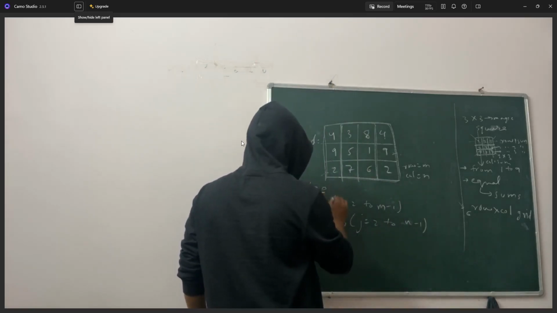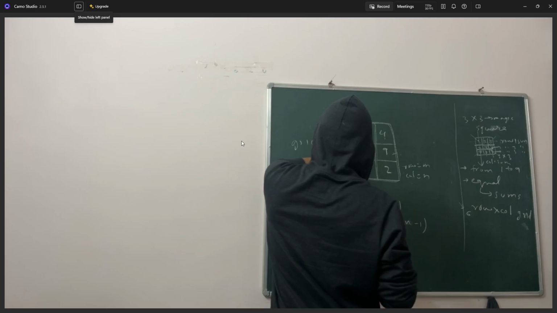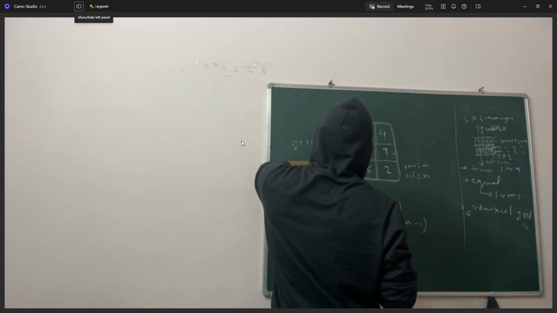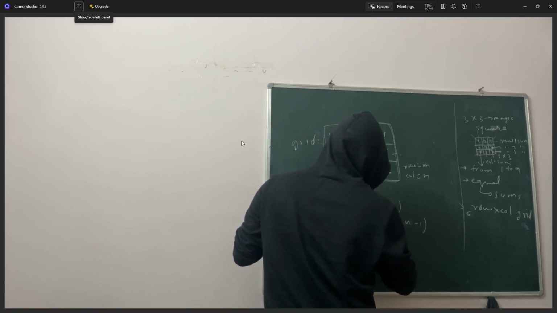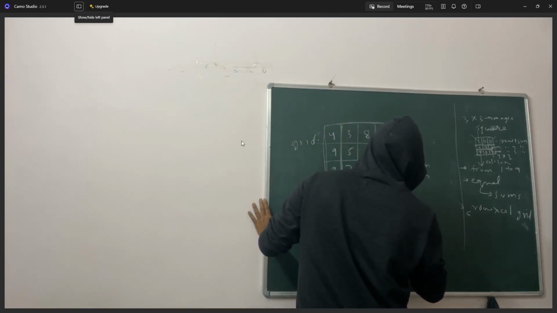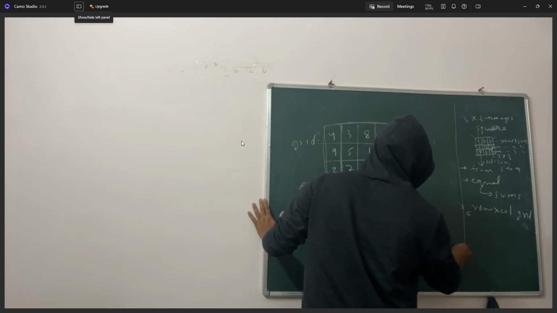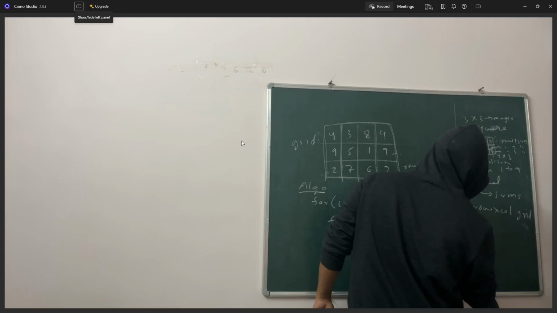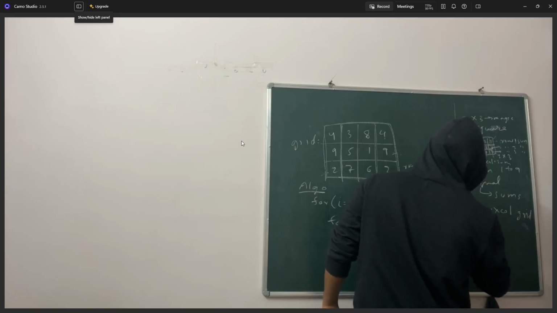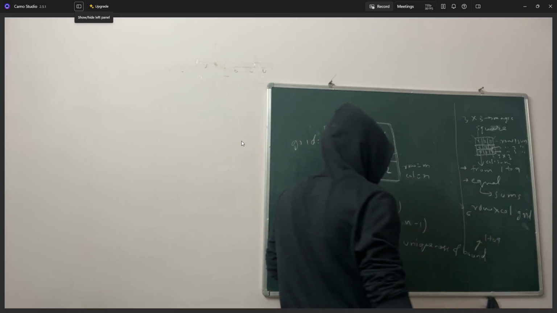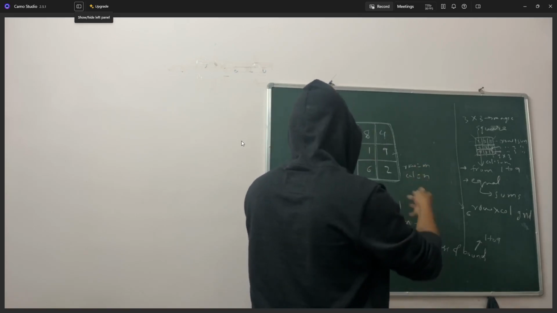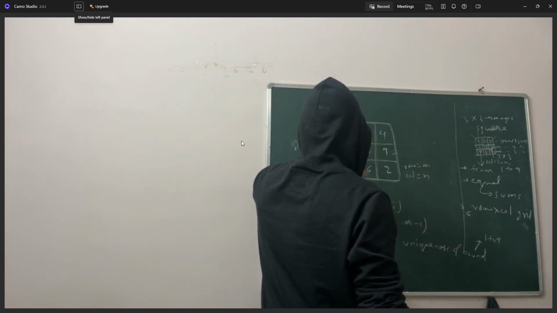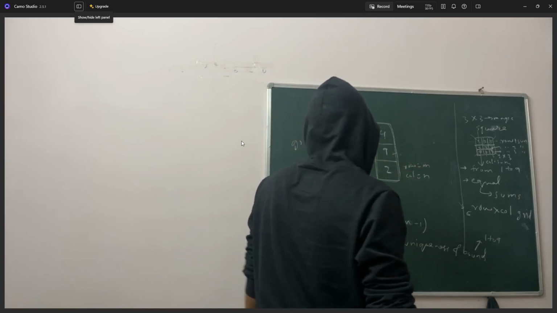Now we need to check that the elements in this are all unique and within the bound from 1 to 9, right? So we need to check uniqueness and bound. Bound means checking whether we have values from 1 to 9. If any value is not in the range from 1 to 9, you just return false, so it will not be a magic square according to the definition.